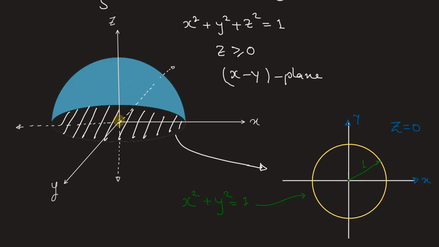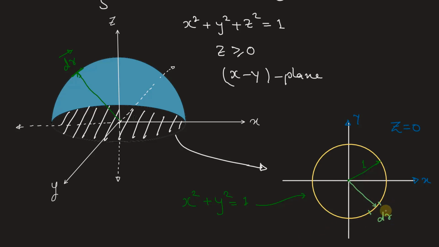Now if from the origin you draw any radius, this line here represents dr vector. If we represent it on the xy plane, it will look something like this. So suppose this is dr.